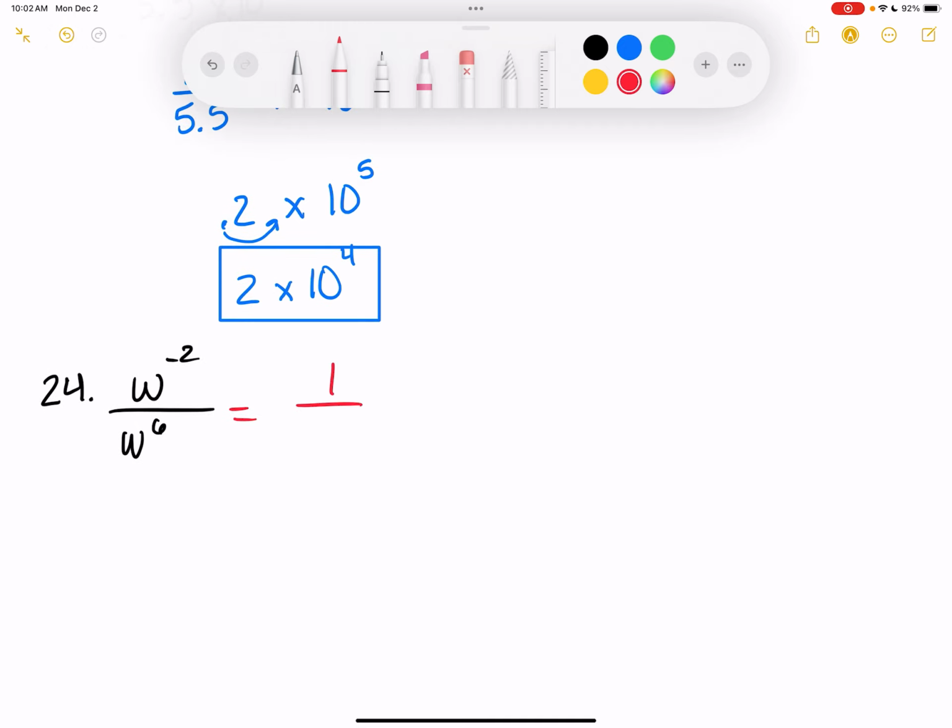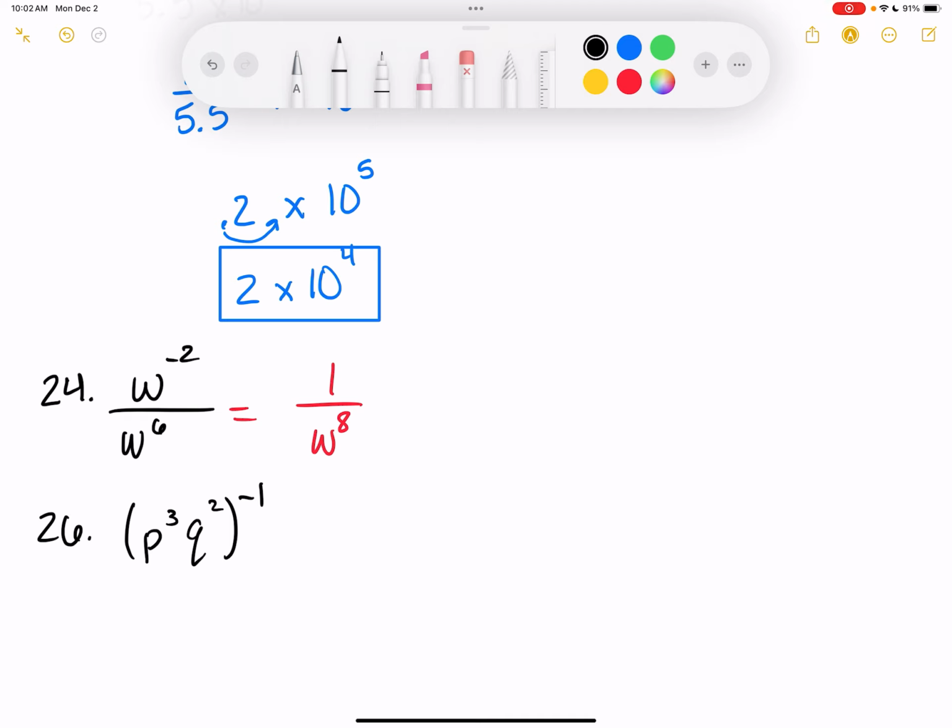26. P cubed Q squared to the negative 1. Put it where it ain't, make it positive. You can treat this just like you did the fractions. So this whole piece is being raised to the negative 1. So what do I need to do?